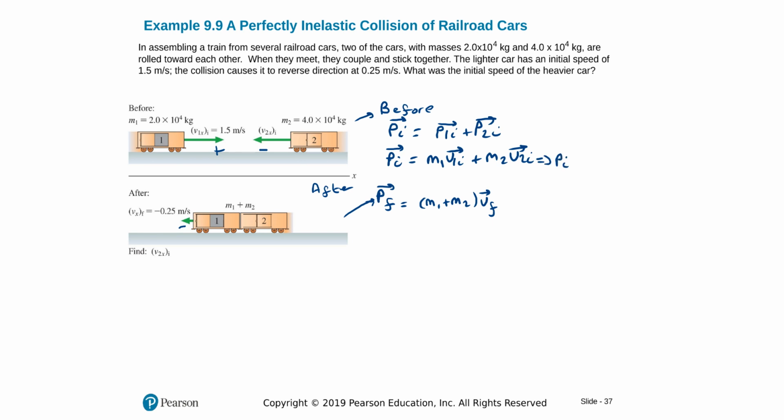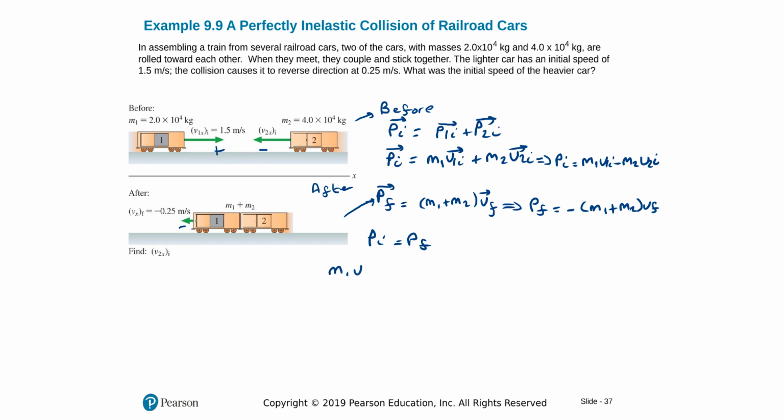We'll say P initial is equal to M1 V1 initial minus M2 V2 initial, because V2 initial is negative and V1 initial is positive, and P final will be negative, so minus M1 plus M2 V final. And we know P initial is equal to P final, momentum is conserved, so we'll equate them.